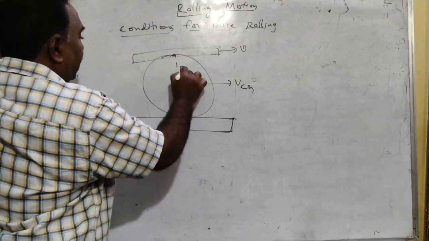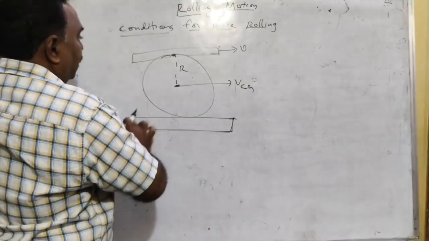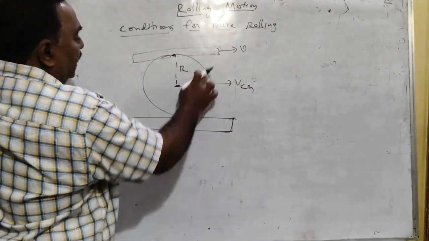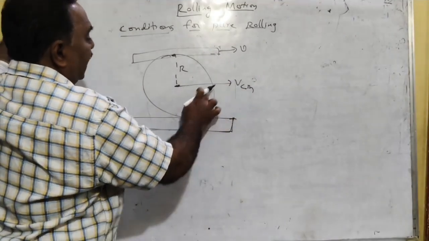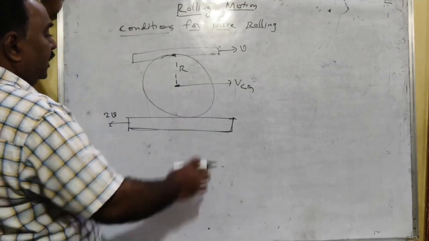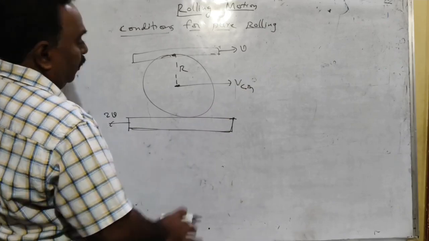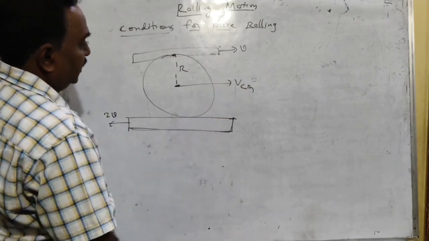Let the radius be r. Because of the relative velocities of these two planks, whether the velocity is acting forward or backward, we cannot estimate now. That's why let it be moving forward, and we will consider forward as the positive direction.